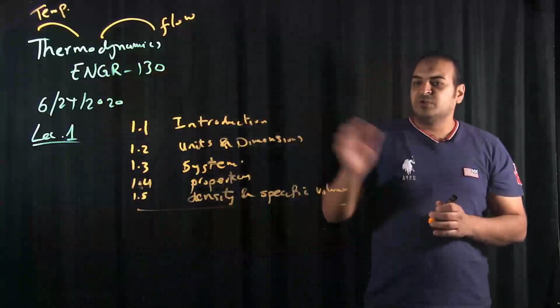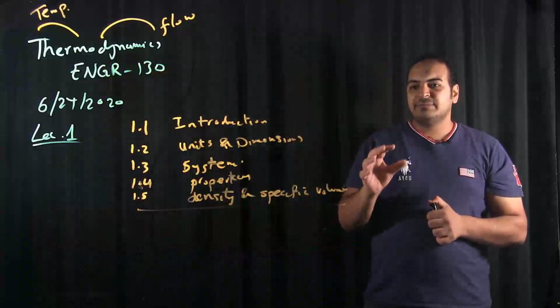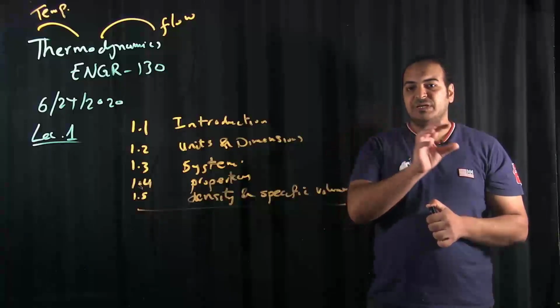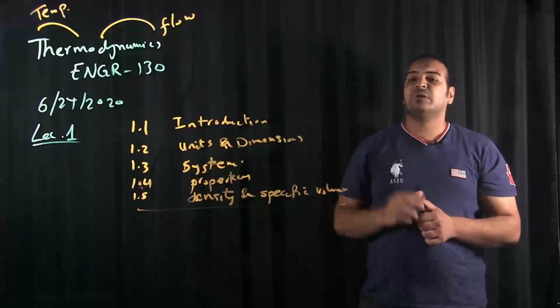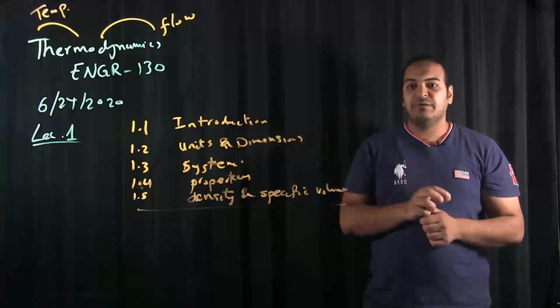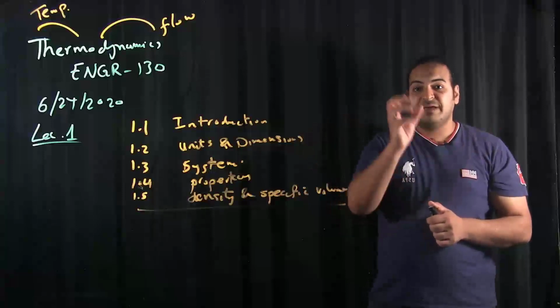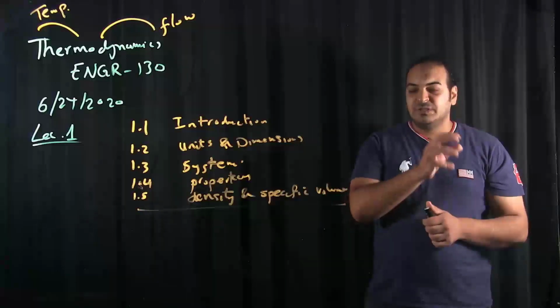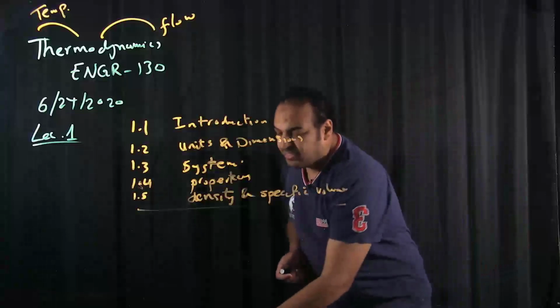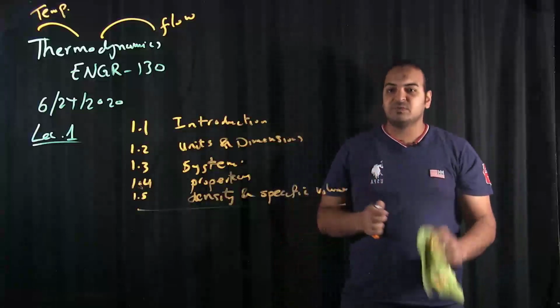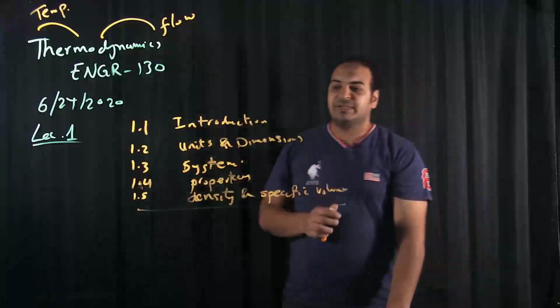Okay, so for the introduction, what is thermodynamics? Any system that has temperature, has energy, has work, is a thermodynamics problem. Oven, microwave, even a light, fan, engine, jet engine, all of these are thermodynamics problems that we're going to cover in this course. A lot of applications.